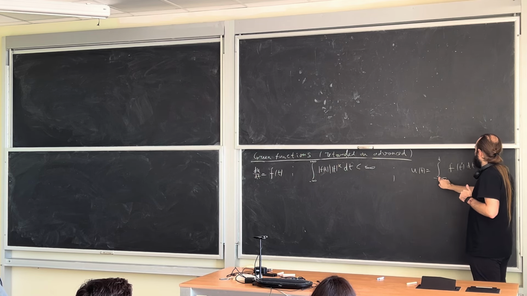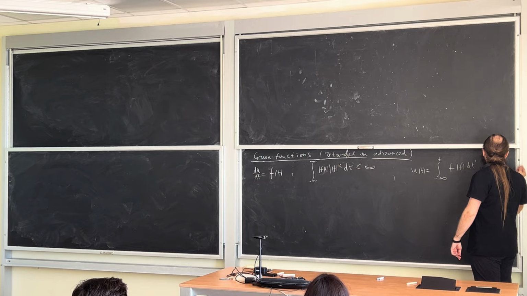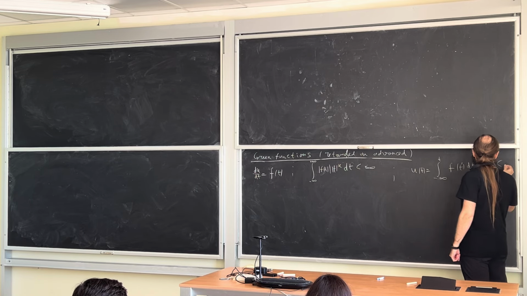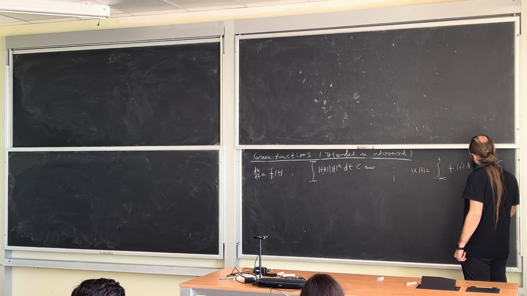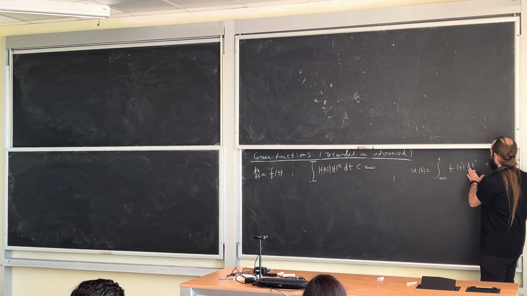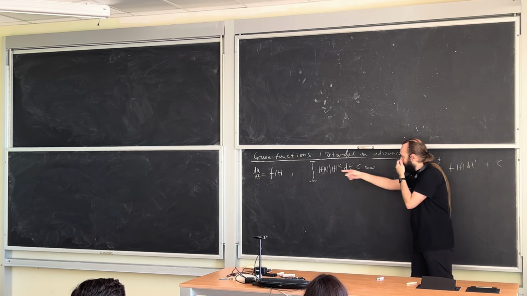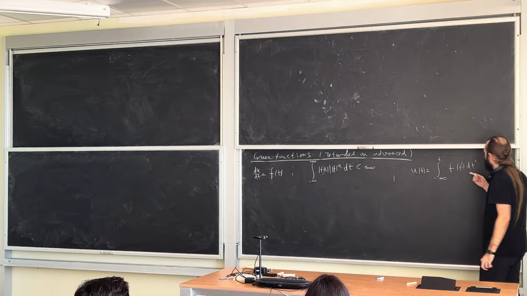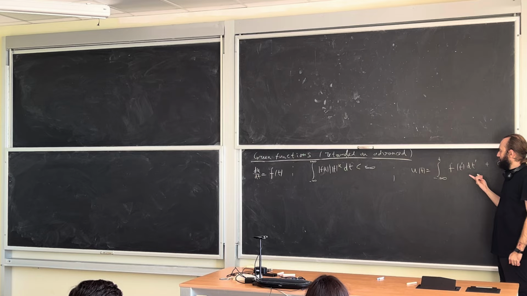But this choice of constant can be f-dependent. So we are writing the general solution of the homogeneous equation with zero on the right-hand side, plus some particular solution of the inhomogeneous equation.